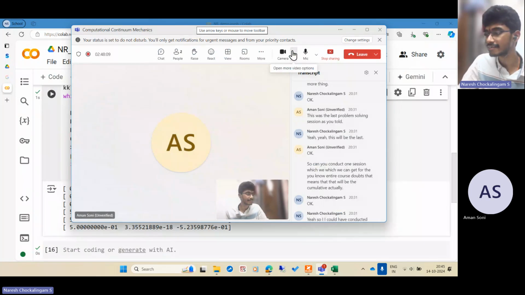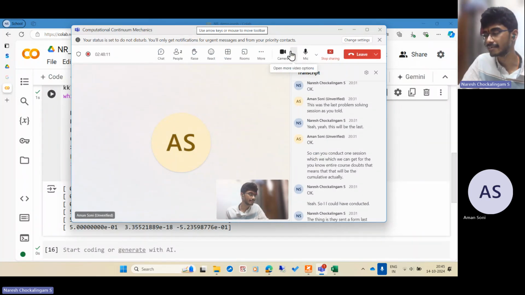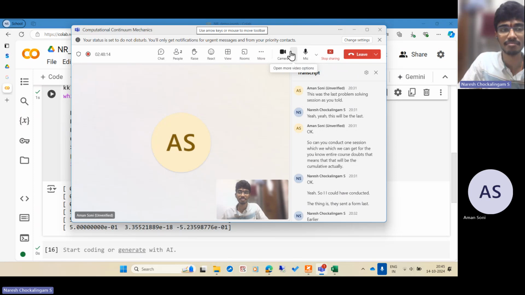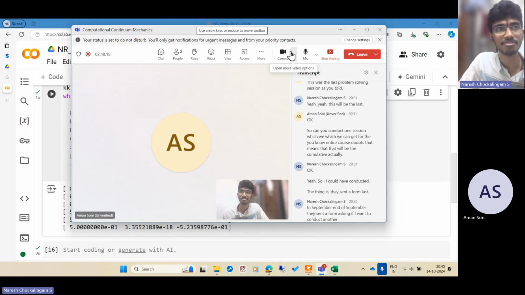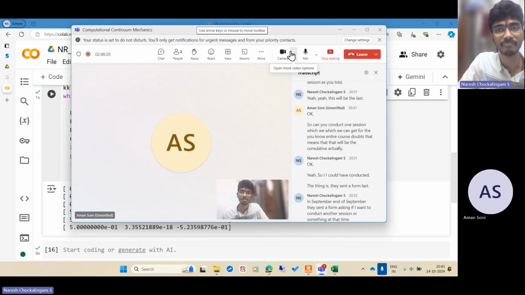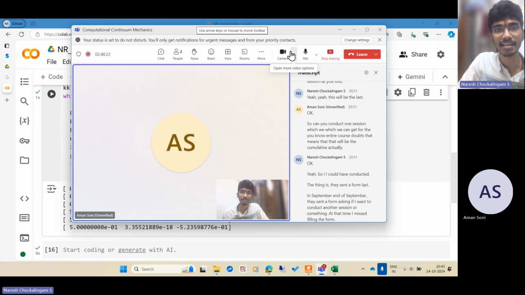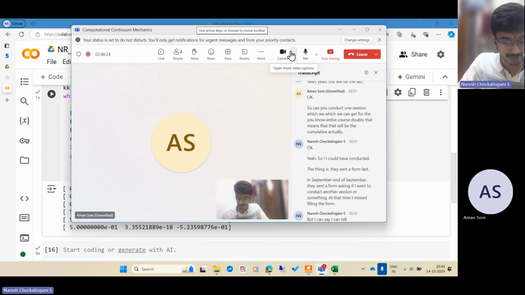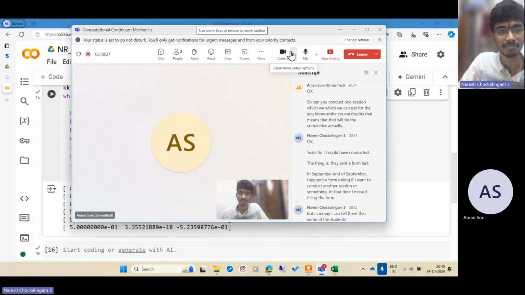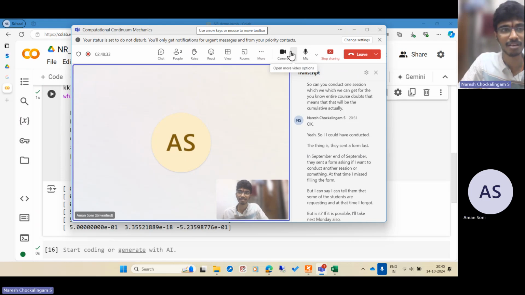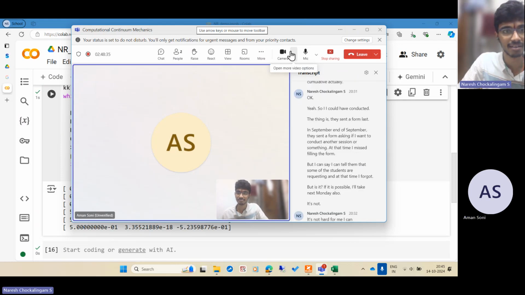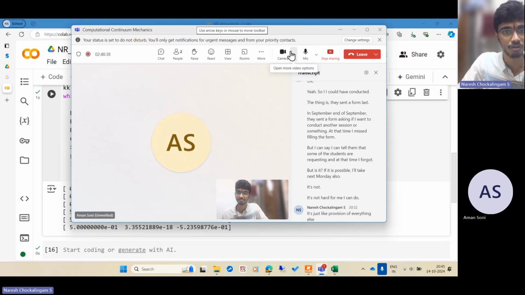The thing is, they sent a form early in September, end of September, asking if I wanted to conduct another session, and at the time I missed filling the form. But I can tell them that some of the students are requesting, and if it is possible, I'll take next Monday also. It's not hard for me. It's just a revision of everything with some overall doubts, right? Yeah, we can do that.